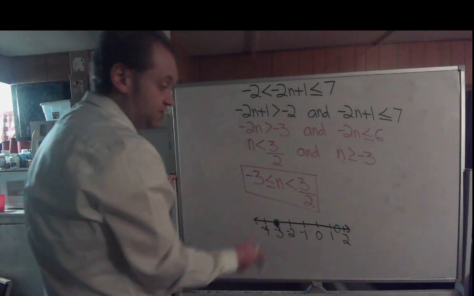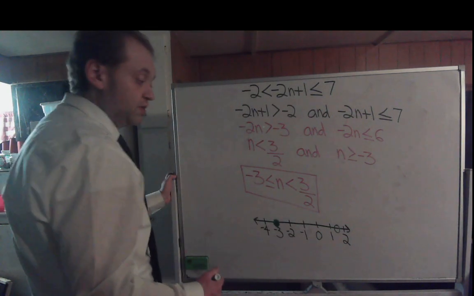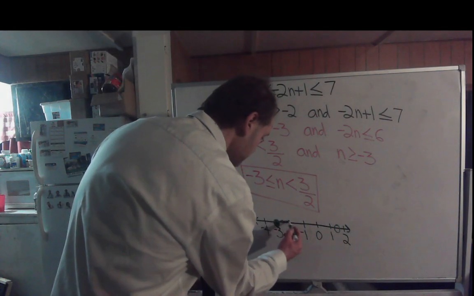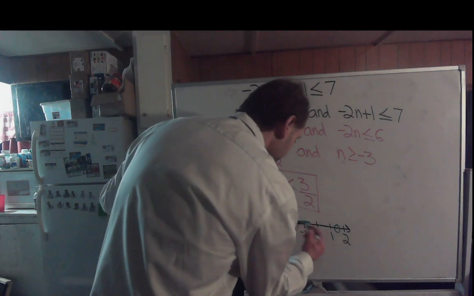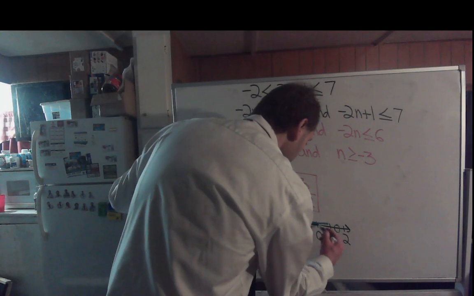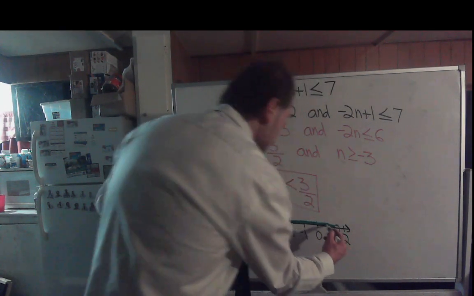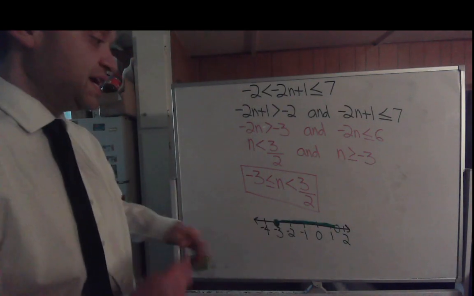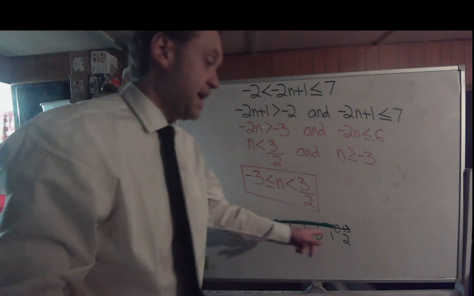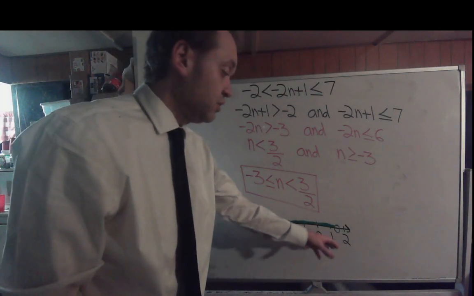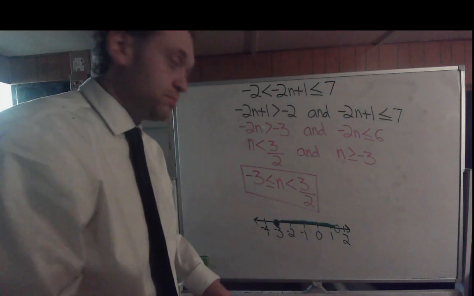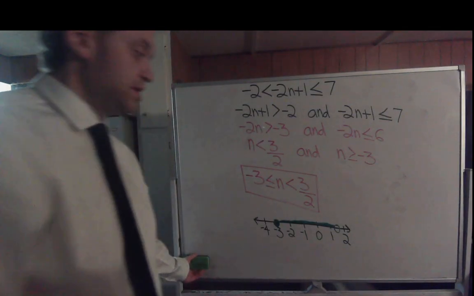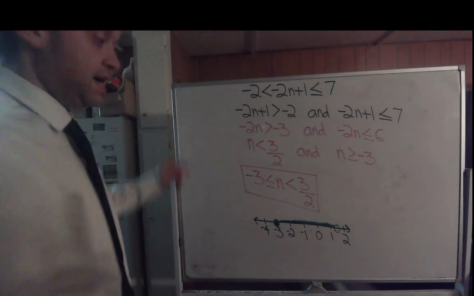So you actually have a solid dot and an open circle, and then you'll just shade the region between the two. So the solution on this, of course, is negative 3 up to 3 halves, not including 3 halves, every value up till that point. So that's what the graph would look like for that.